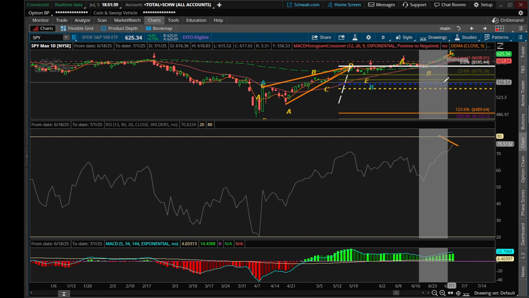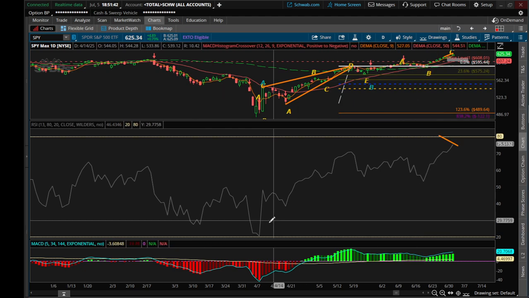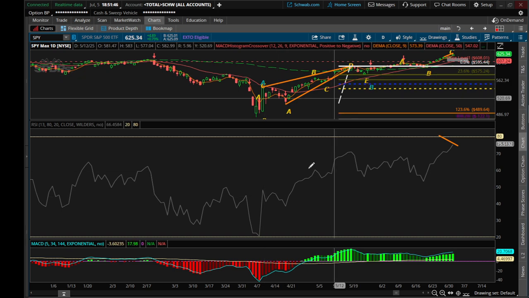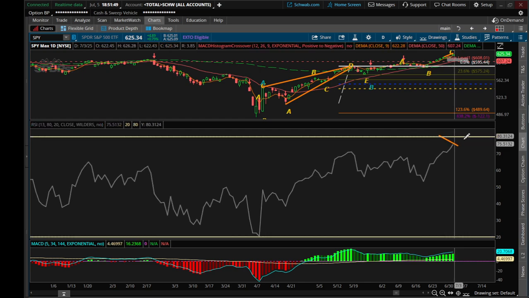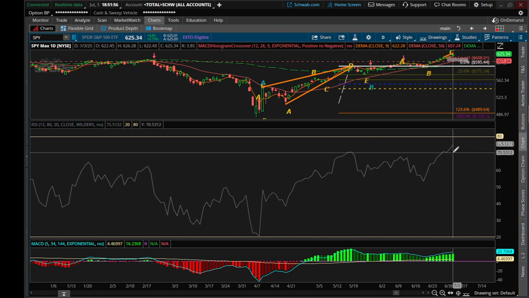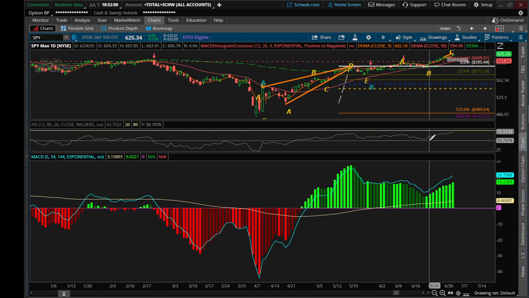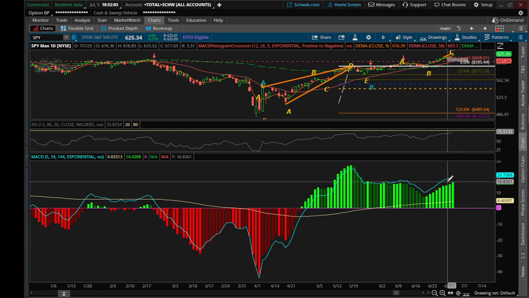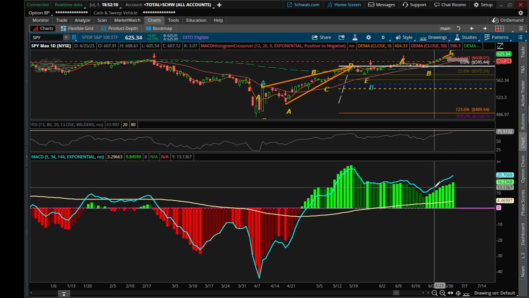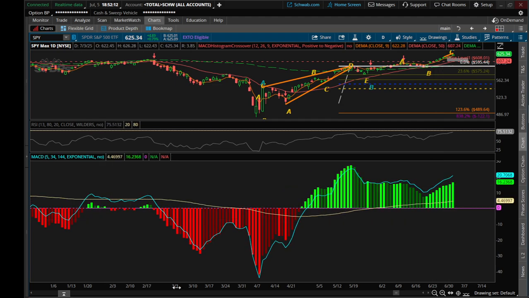So, yeah. I'm just looking here real quick. Yeah, so we're basically trying to get to 80 probably. So still some room to go, I think, personally, on the RSI. Now the MACD, yeah, it's starting to show a little bit of overbought, but this little gap here is nothing compared to what I've seen previously.